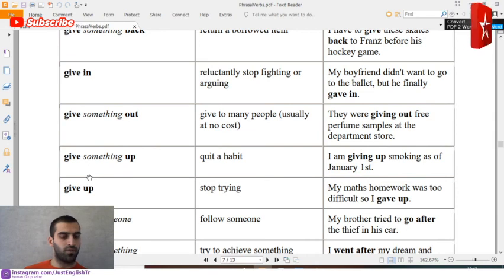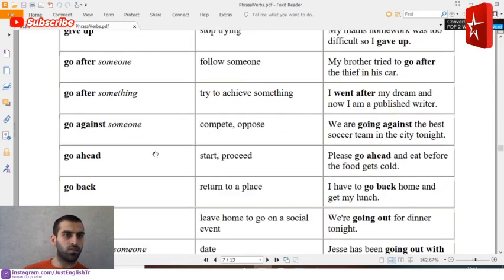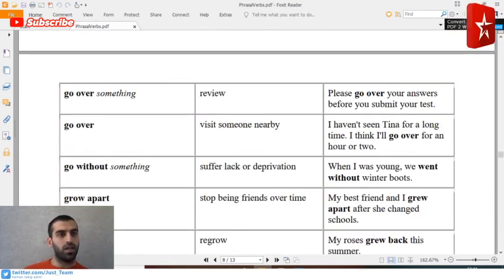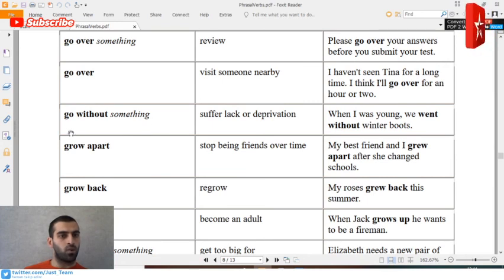Like we have lots of phrasal verbs related to give in, give out, give up, and next ones are related to go. As you see, we have a lot of phrasal verbs with go, like go after, go against, go ahead, go back, go out, and go over, go without.